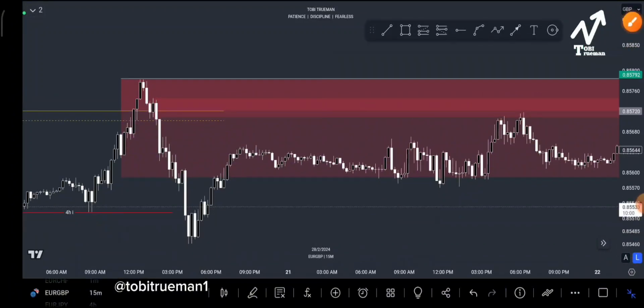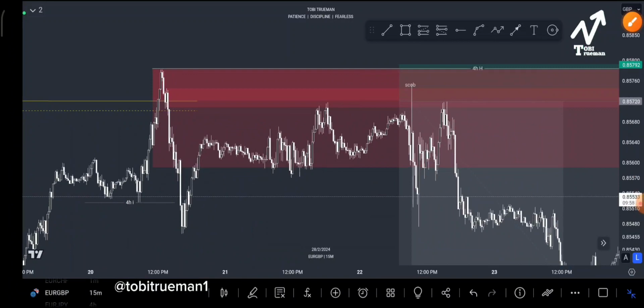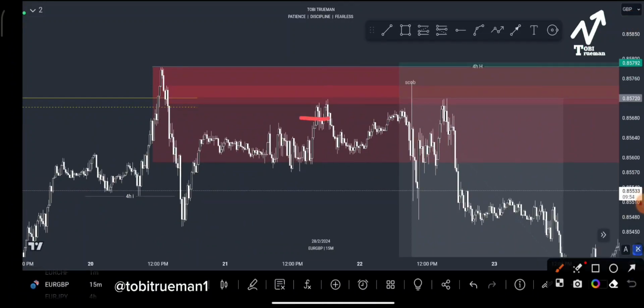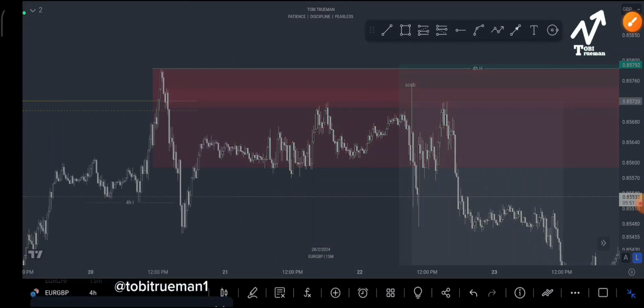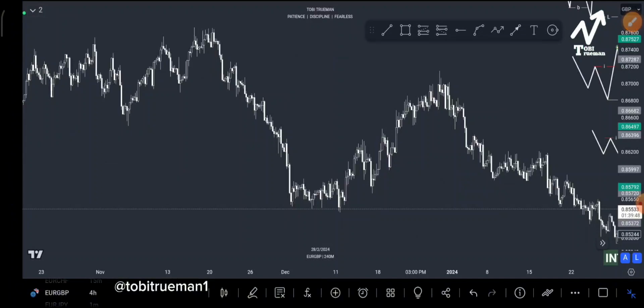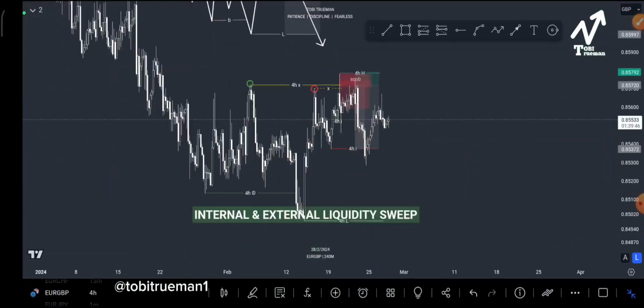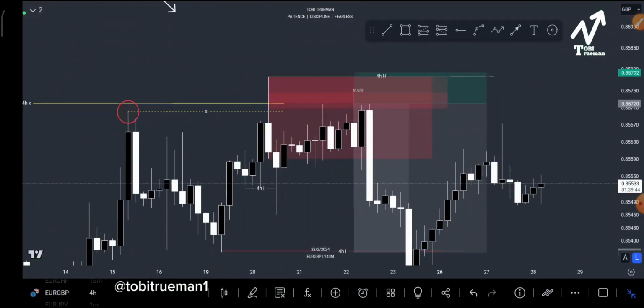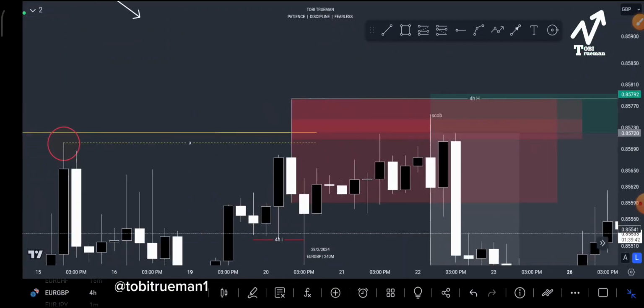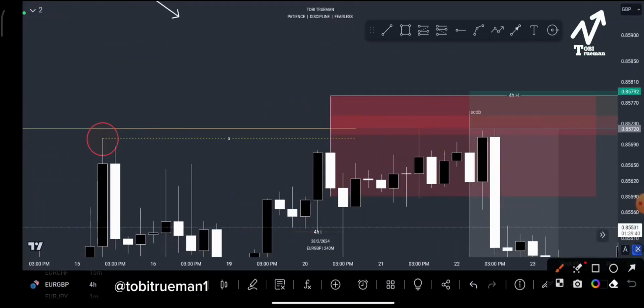But since I saw in the lower time frame that this trade can be valid, I did not use the lower time frame as my point of entry. What I did was use the higher time frame shadow. You can see this was where I set my entry. Why did I set my entry there?